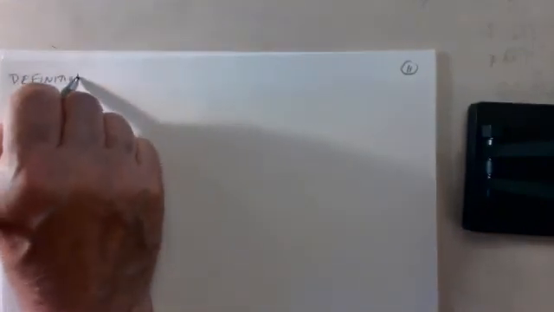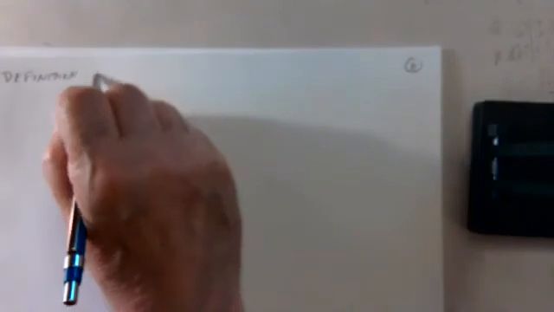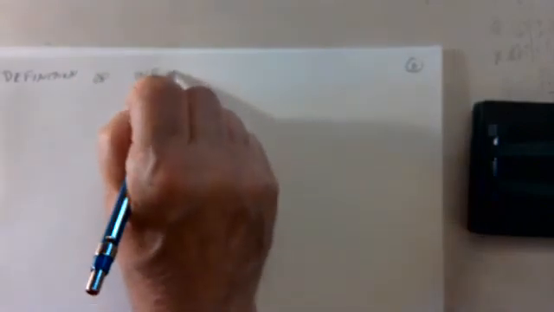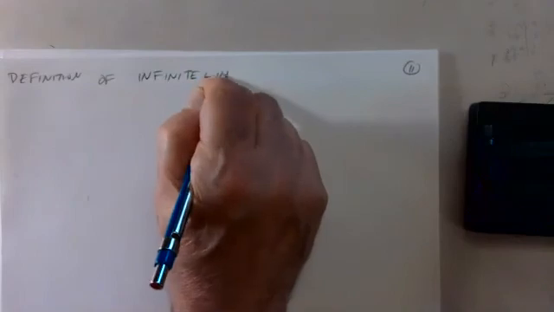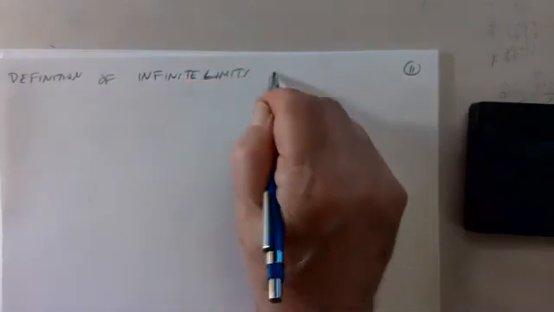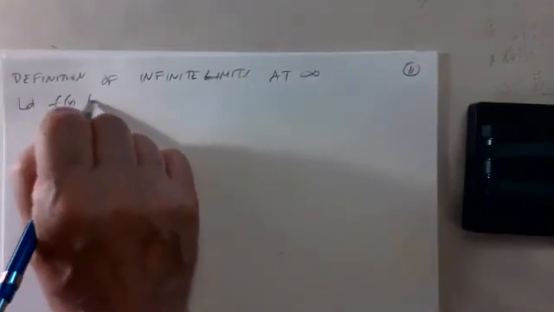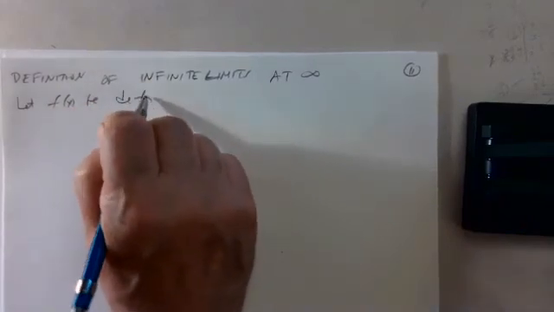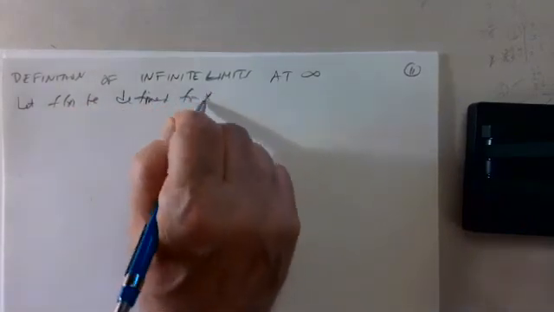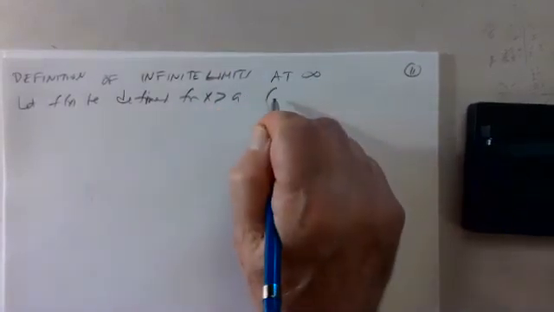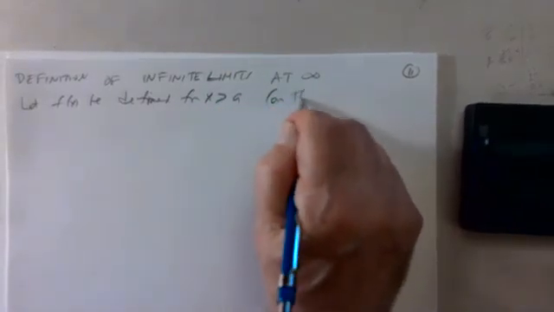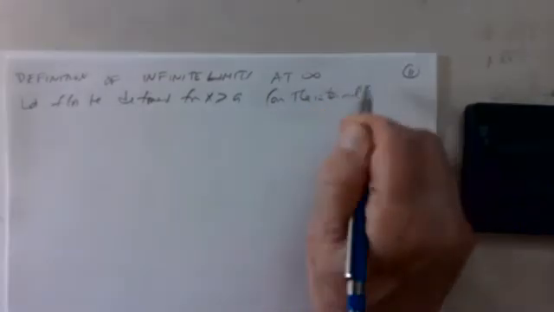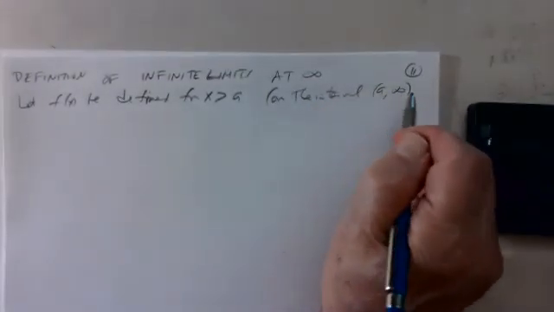This is the definition of infinite limits at infinity. So let f of x be defined for all x greater than a. That means on the interval from a to infinity, if you like interval notation.